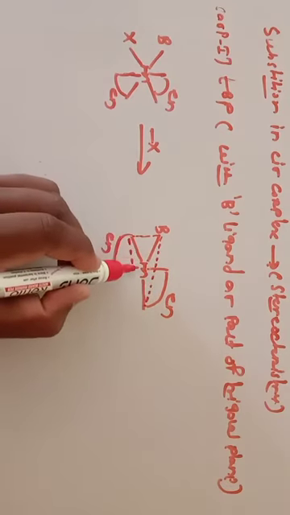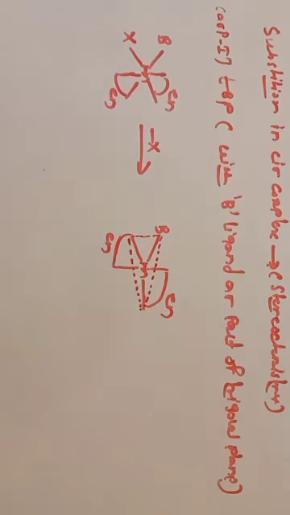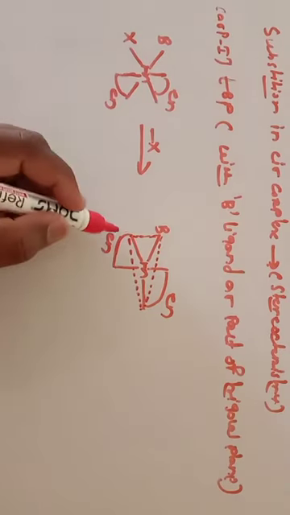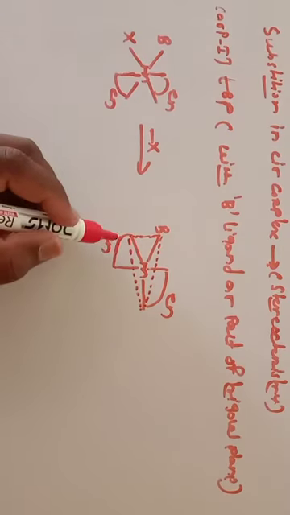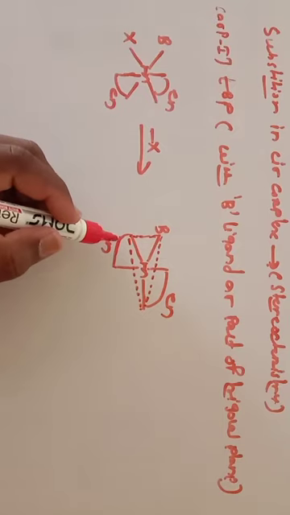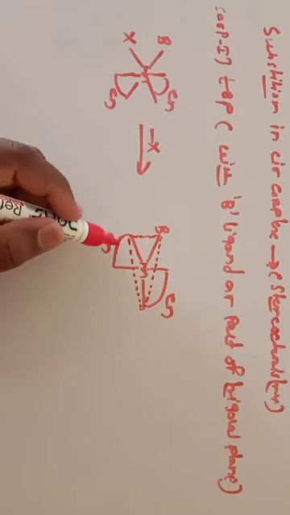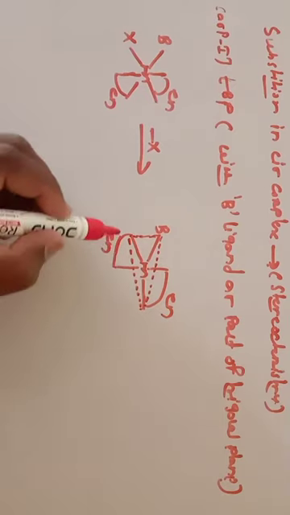This is your trigonal plane, the same case as we discussed in the trans complex. It has a triangular plane, and the incoming nucleophile may attack from any face of the triangle.